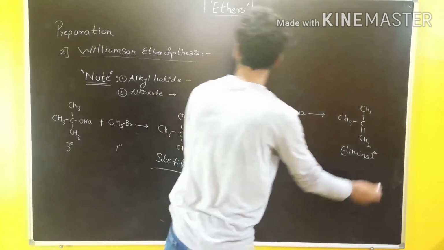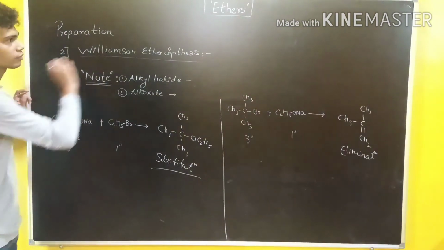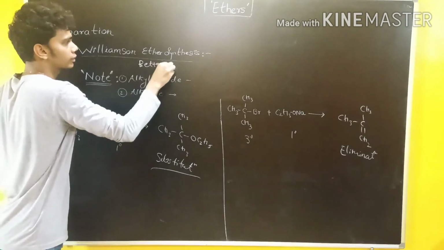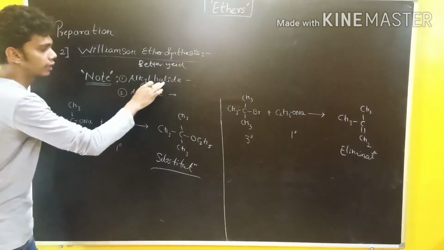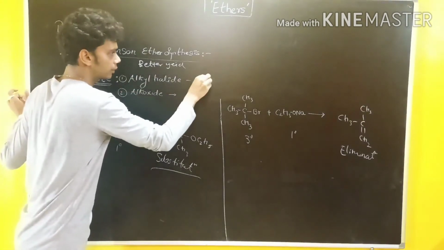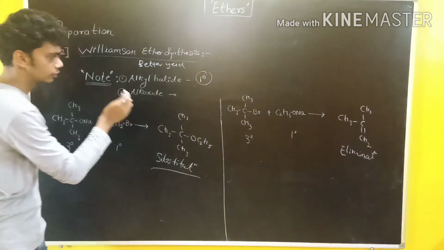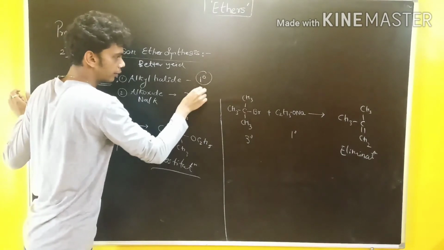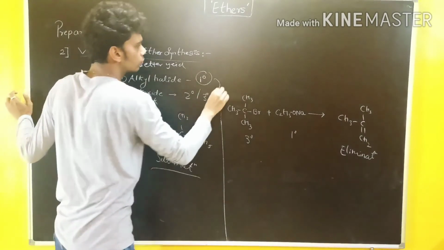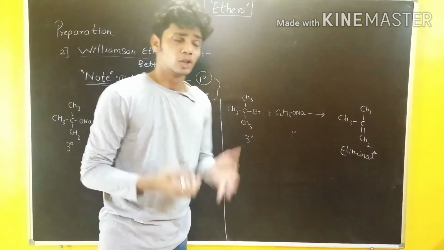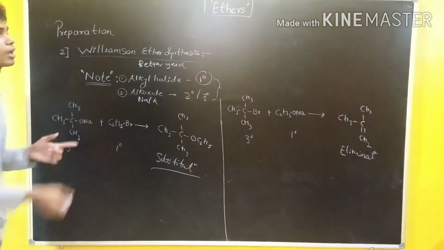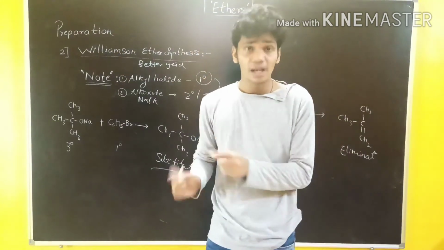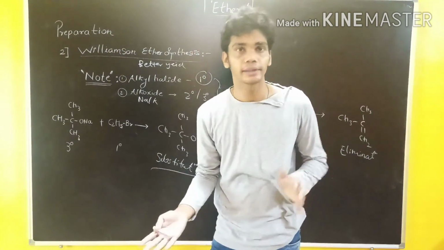So we have to always remember one thing. In Williamson synthesis, for a better yield, your alkyl halide must be primary, and the alkoxide ion, sodium or potassium, can be secondary or tertiary.